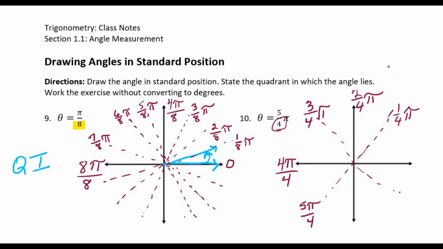Go ahead and write that down while I'm thinking about it. This is my initial side. This is my terminal side that lies in quadrant 3. And we are going in a counterclockwise direction. So I have a positive angle there of positive 5/4 pi.